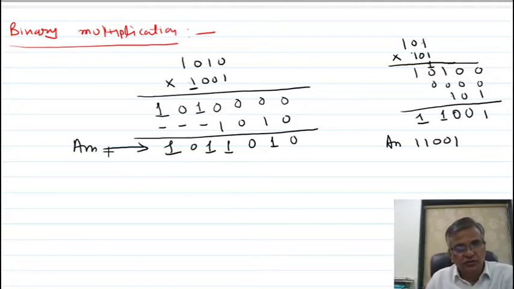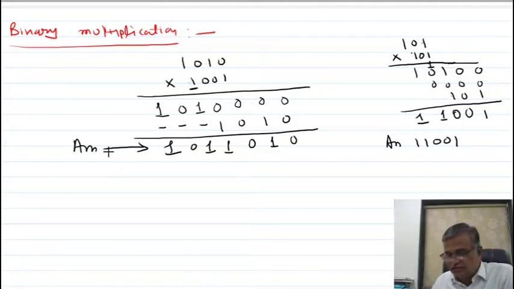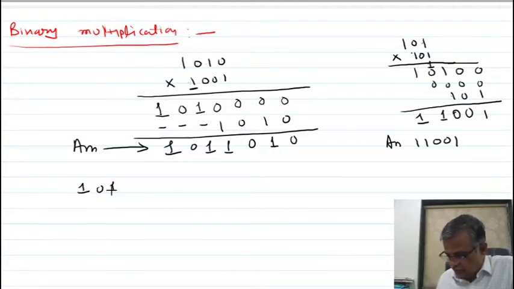I think you understand. It's very simple, as this is a similar way as you have done in your decimal number system. Now let us again, we can give anything, you can write 1010 11 multiplied by 1001.